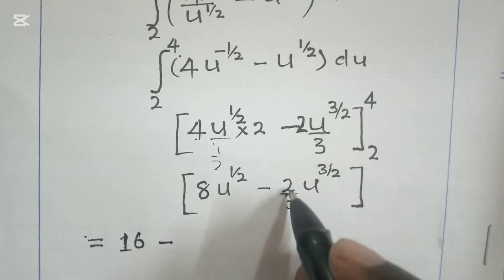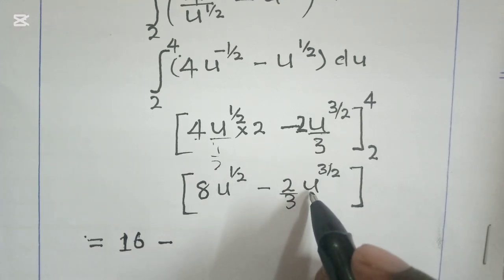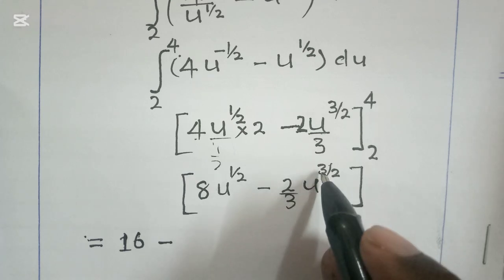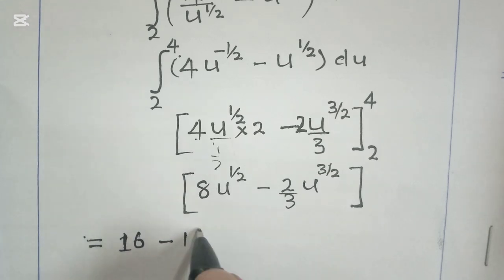Minus 2 over 3, then the square root of 4, which is 2, and 2 raised to 3 comes to 8. 8 times 2 is 16 all over 3.